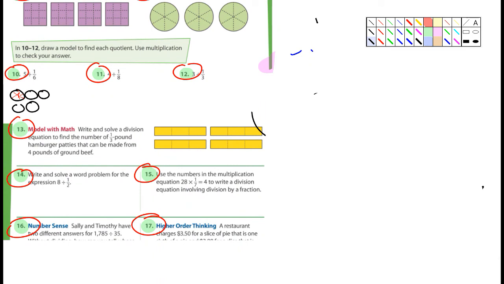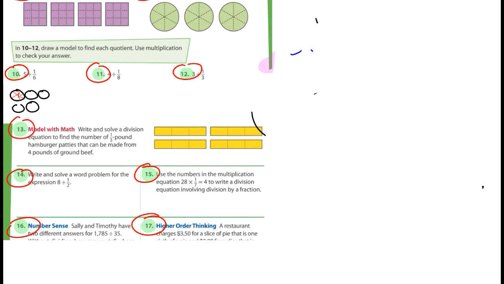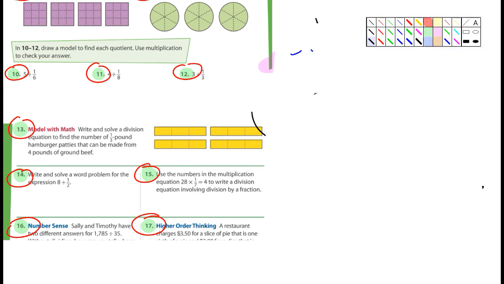Draw a model to find each quotient. So there's only 3 here where you're doing a model. Somebody asked me about this earlier, and I went ahead and started to do 5 little circles. I mean, you guys can do the same thing. Just draw 5 circles. 1, 2, 3, 4. There's 5. And just like we did up above, divide each one into thirds.